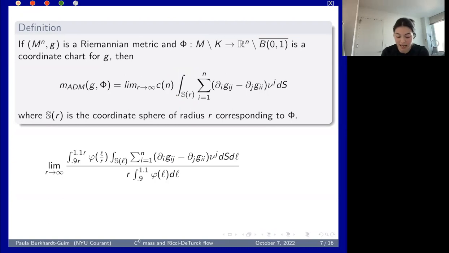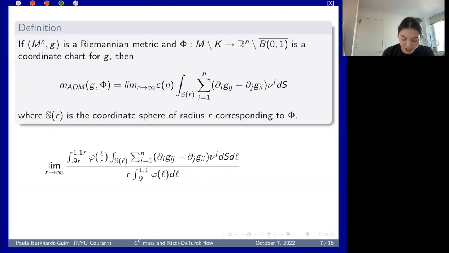I think this is pretty natural, and so here I have done just that. I'm integrating over a family of radii from 0.9r to 1.1r, weighted by this test function phi, and integrating this coordinate expression over the corresponding coordinate sphere. This is perfectly natural.